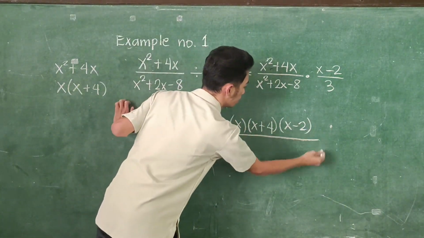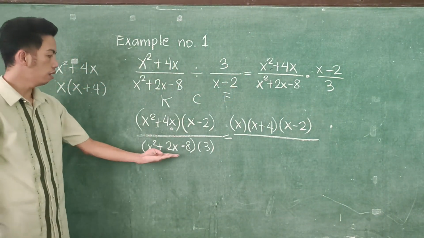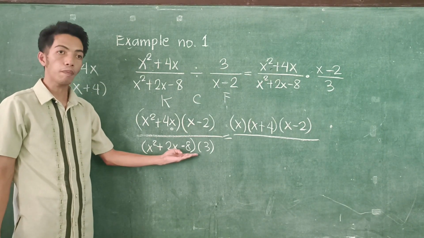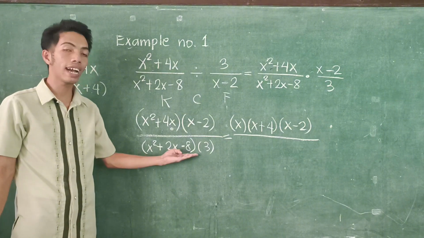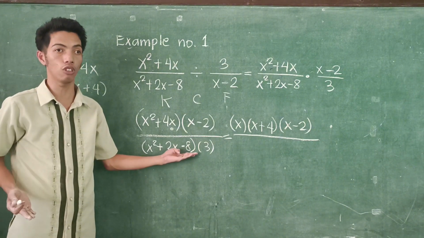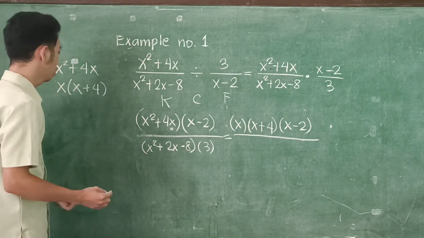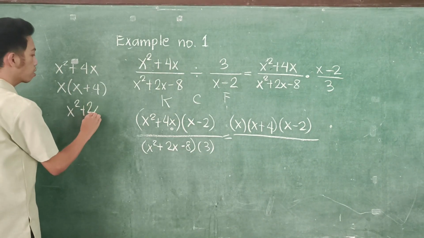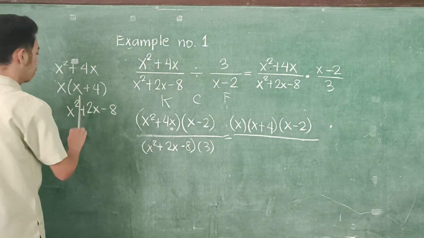Then over the denominator, x squared plus 2x minus 8, ay pwede din natin ma-factor gamit naman ang hashtag method or Sudoku method. So we have here x squared plus 2x minus 8.